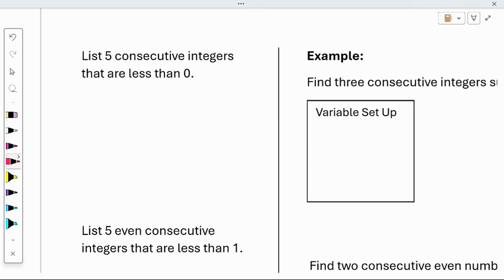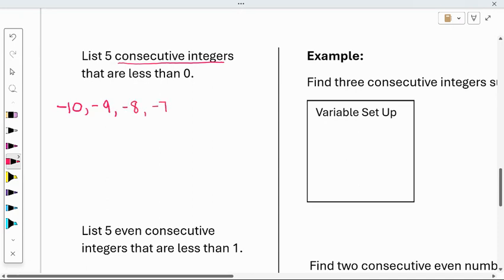So we always start with the smaller number first, and they're consecutive in a row. So let's start with negative 10. And then what's the next one? We're getting closer to 0. We're just consecutive, not even or odd, just consecutive in a row. So negative 9, negative 8, negative 7, and negative 6.